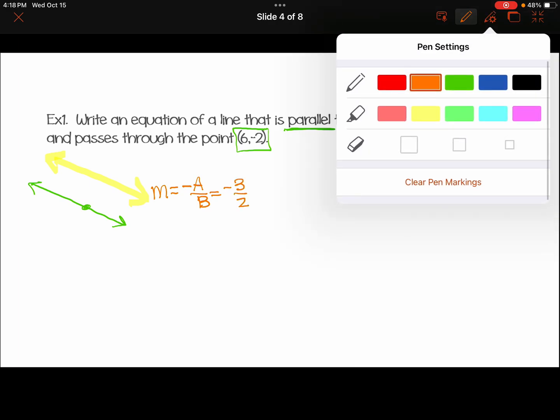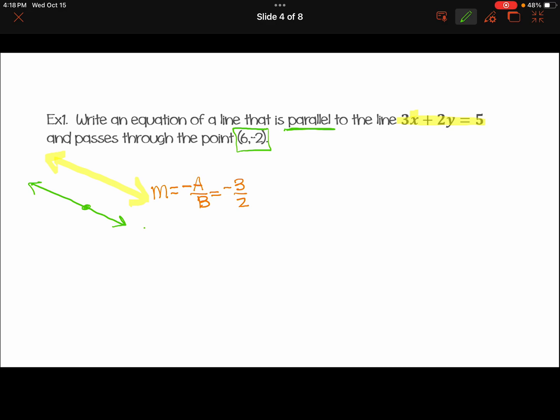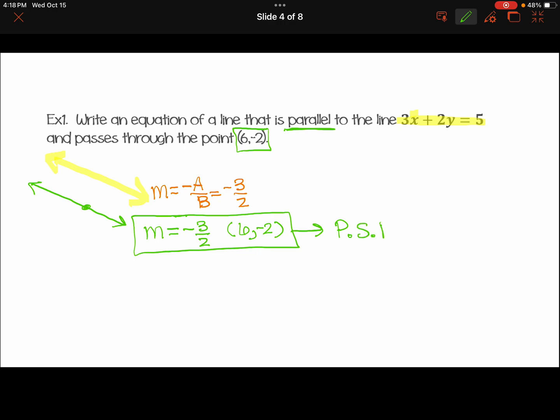For the green line, we know that the slope, if it's parallel, is the same. And then we also have the random point 6, negative 2. So if I want to write an equation and I know the slope and I know a random point, then the fastest way to do it is point-slope form.